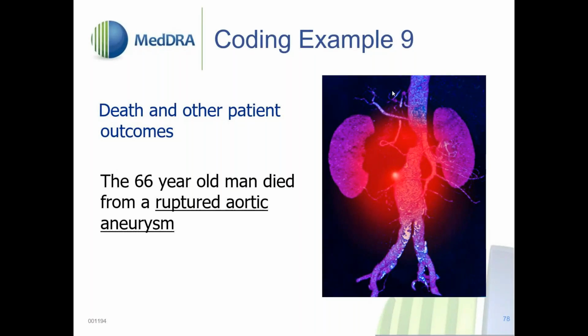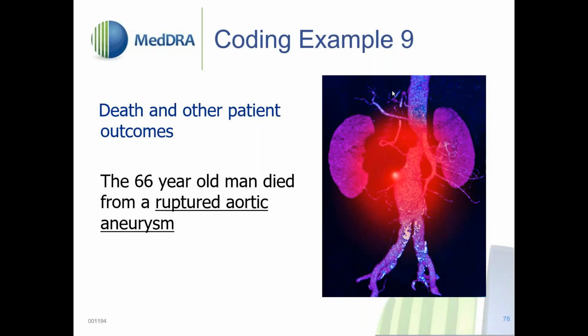So here we know, because the fatal outcome is captured elsewhere in the database. So if we have a reason for the death or for a hospitalization, then we would only code the event that led to the death of the patient.